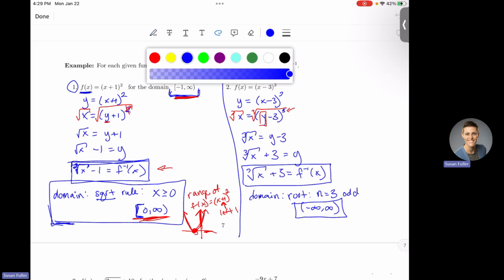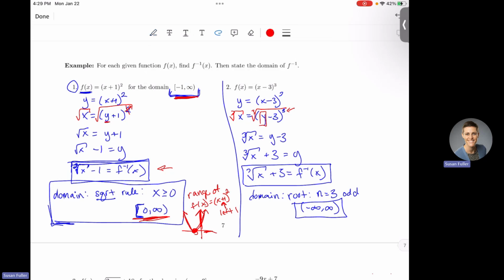And then just a quick check, we have to make sure that this matches the range of my original, which looks like x minus 3 to the third power. Well, this is a y equals x to the third graph, which is a whoop-de-doo, like so. And this minus 3 inside is going to move us to the right 3 units.